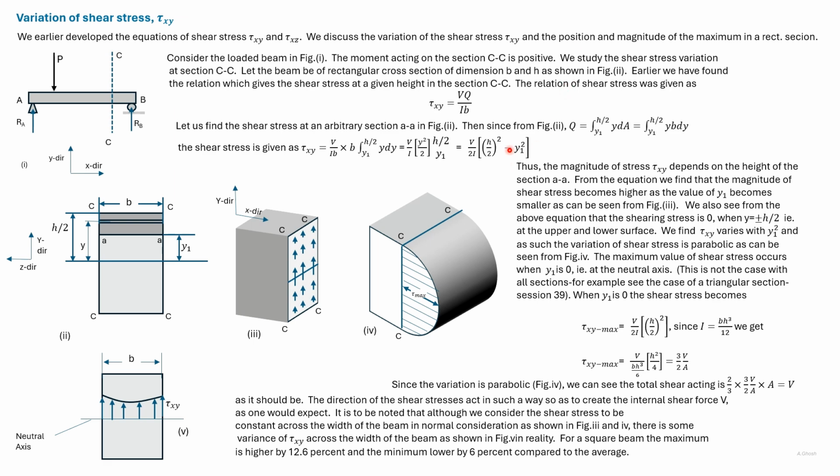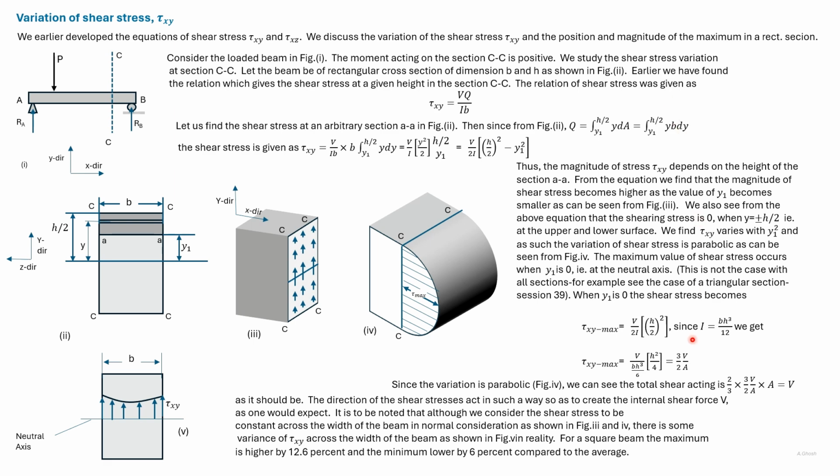This is not the case in all geometries. For example, in a triangular section, the highest shear stress is not at the neutral axis. When y1 is 0, the maximum shear stress is given by this expression. So this is tau max.